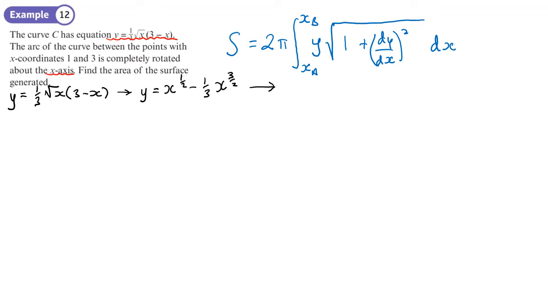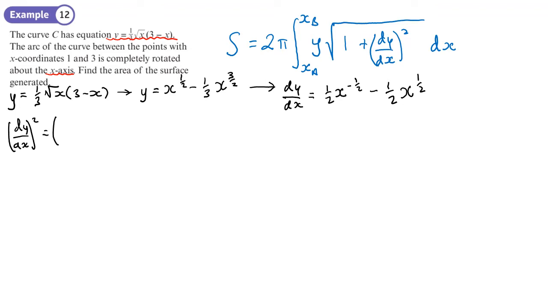Okay, let's now work out what dy/dx is. That will give us half x to the minus a half, and then 1/3 times 3 over 2, which is actually a half, so minus a half x to the power a half.